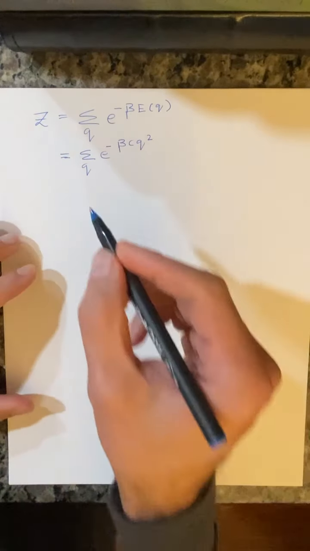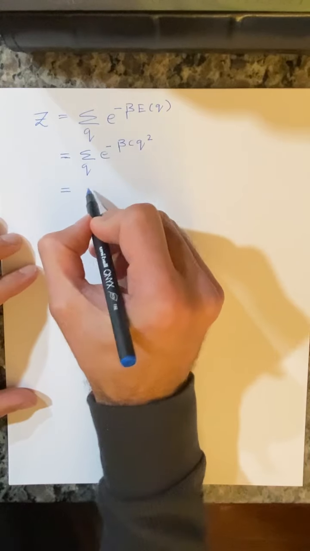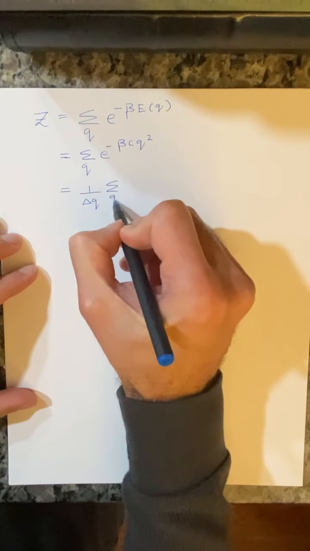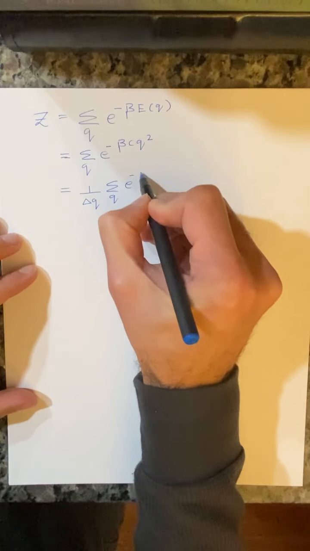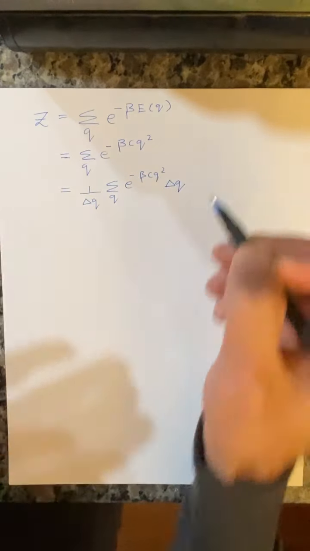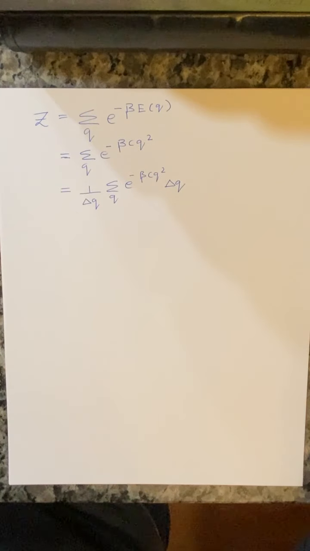As long as delta Q is small, we are fine doing that. So Z is 1 divided by delta Q, summation over Q of e raised to minus beta C Q squared times delta Q.